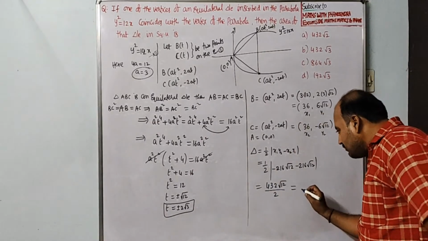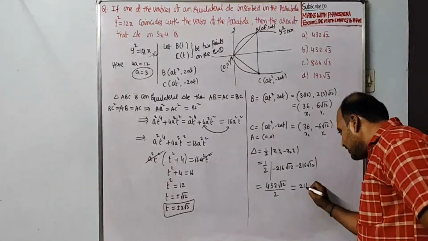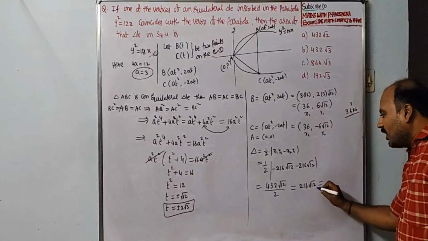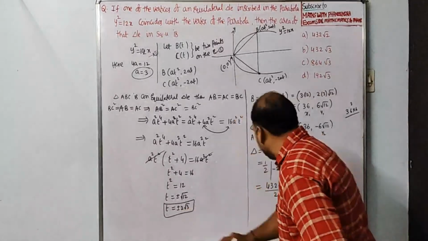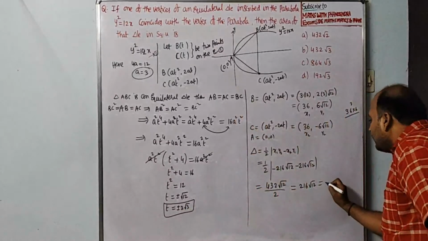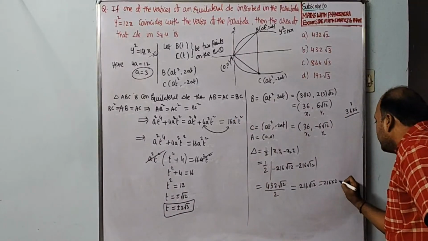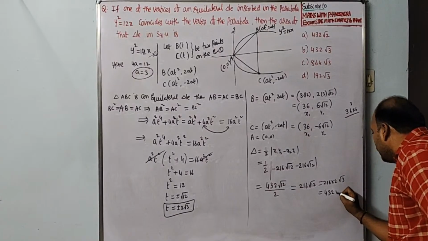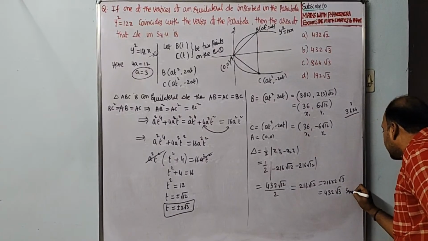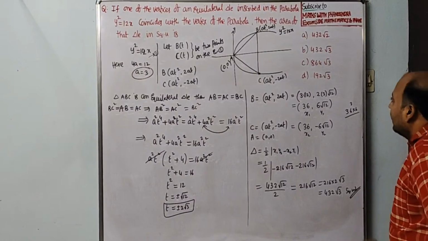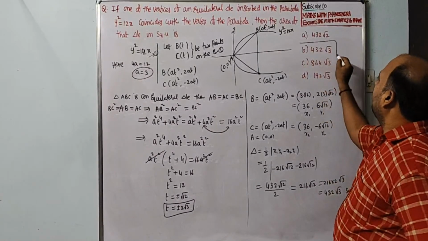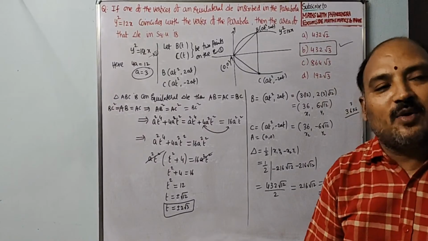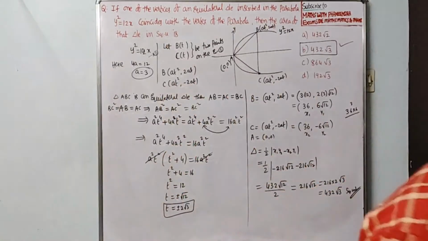So 216 times root 12, but this answer is not there. So root 12 can be written as 2 root 3, no? So 216 into 2 into root 3, that is equal to 432 root 3 square units. Therefore, the area of the equilateral triangle is 432 root 3 square units, dear students. We'll move on to other question.